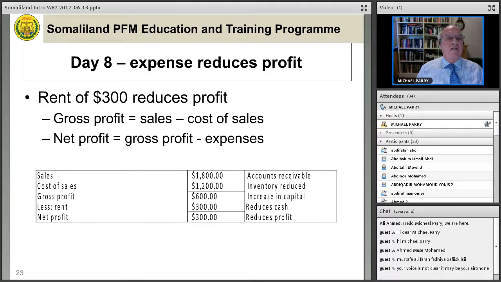And then day 8, the last day of this, we have an expense, so $300 of rent is paid. Now this gives an opportunity to illustrate the difference between gross profit and net profit. Gross profit is the amount that we sell for less the cost of those sales, $1,800 minus $1,200, the $600, which we've already seen as an increase in capital on day 6. But now we've got a rent item of $300, which reduces our profit to $300.